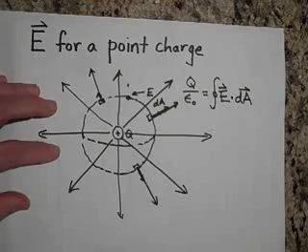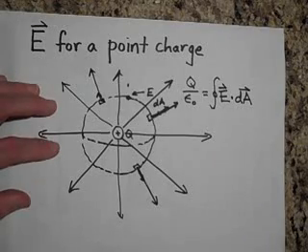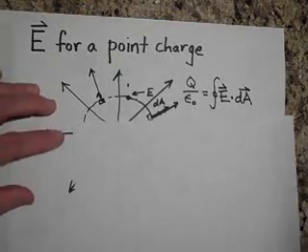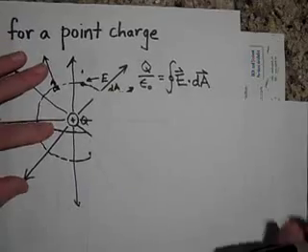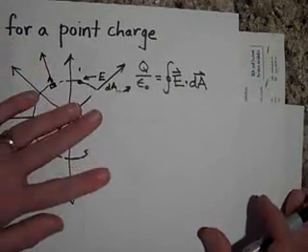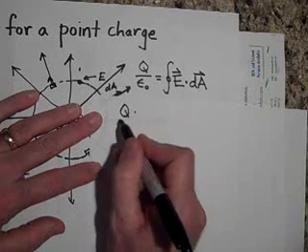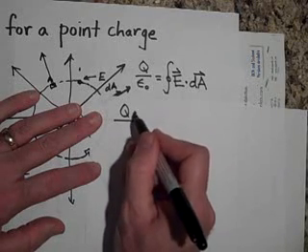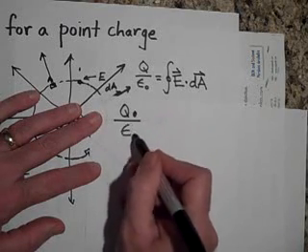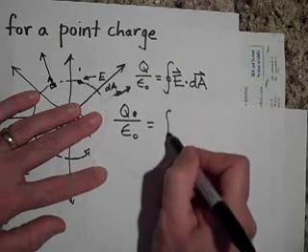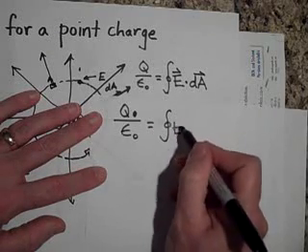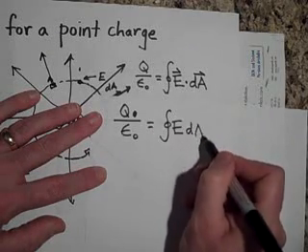And so if you notice then, I can get rid of the dot product. I'm going to get rid of this dot product. And the argument I'm going to give: Q enclosed, well, it's just all Q, over epsilon naught. And I'm going to go to this. It's just E dA.